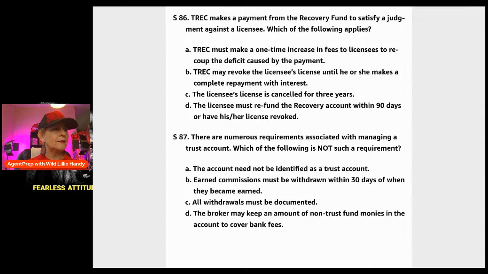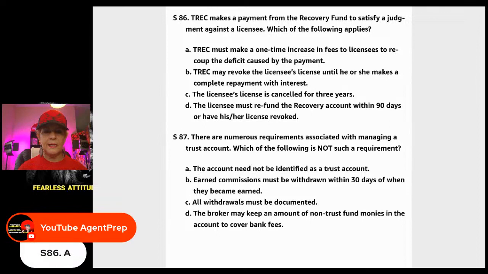Oh my gosh, my fingers are doing weird stuff here. Oh, no. 87 is A. The account need not be identified as a trust account. So now, oh shoot, I typed 86A again. Okay, anybody watching the replay, I typed 86A, and that is not correct.